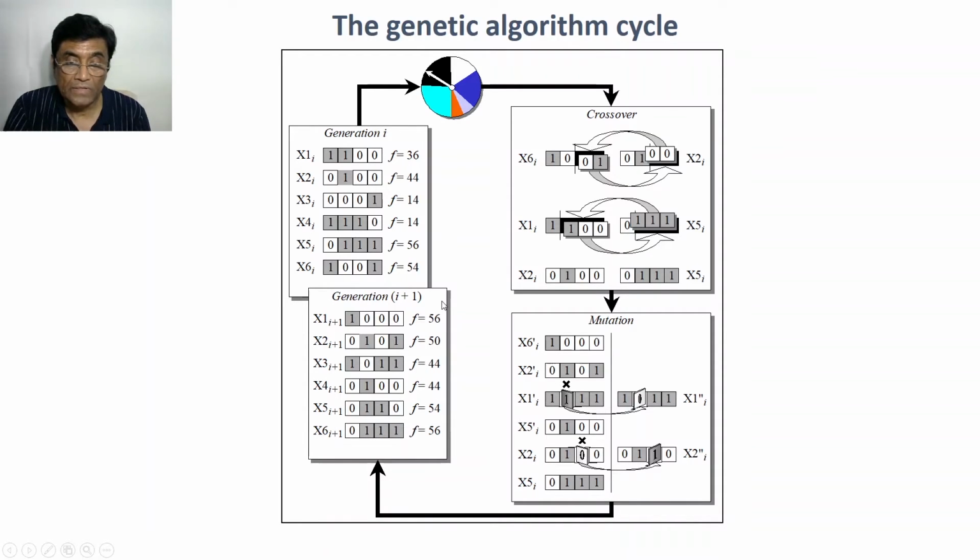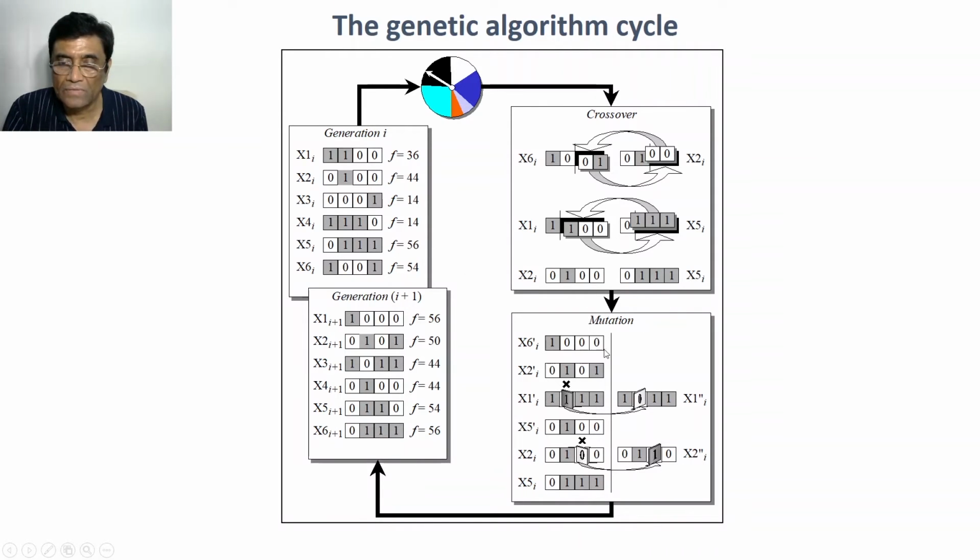The average fitness value should improve. Average fitness value means, you see, here the average fitness value has 36 plus 42, 44 plus 14 plus 14 plus 56 plus 54 divided by 6. So whatever it is, this is say something like 32 or something like that.